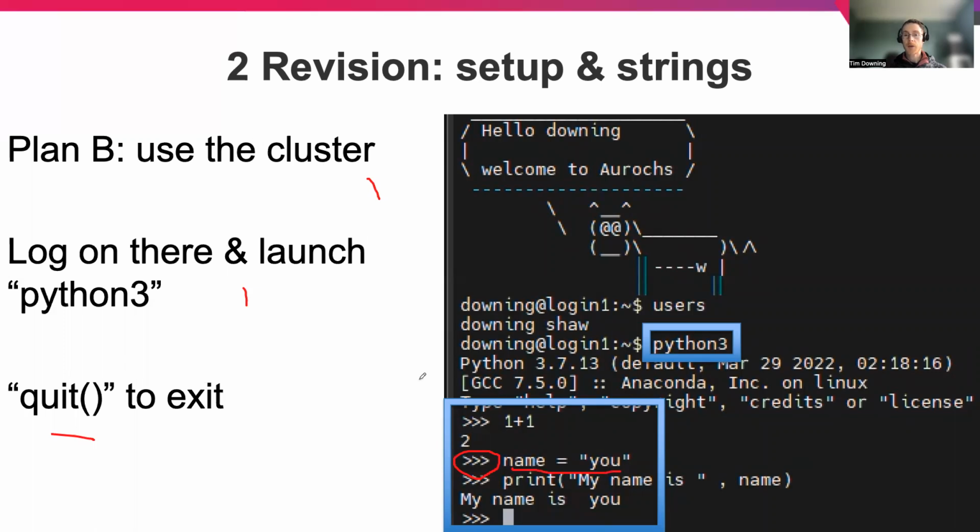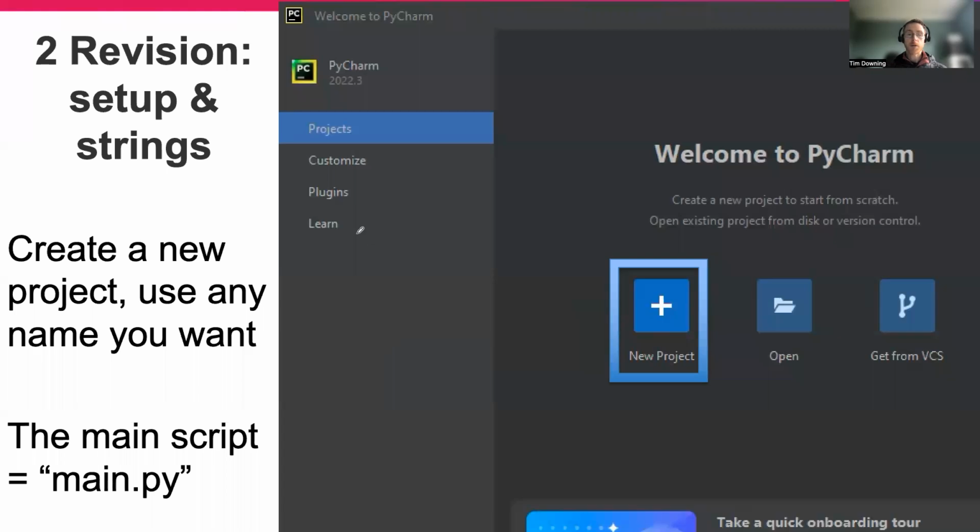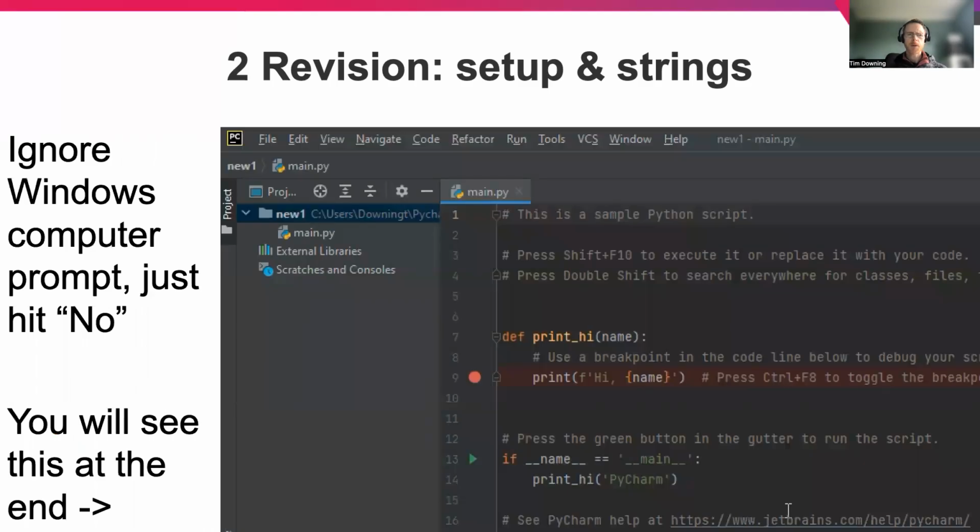Then we also have PyCharm. So with PyCharm, what you'll need to do first is set up a project. When you set up a project, you'll have a default script name called name.py. Py stands for Python scripts. If you get other prompts because you're using a Windows computer, just hit no and ignore them.